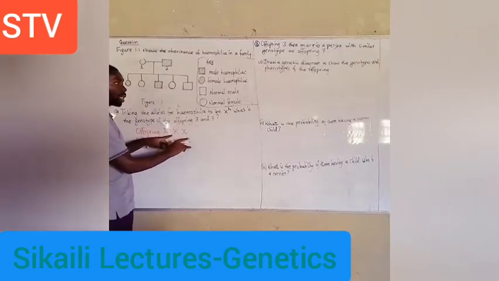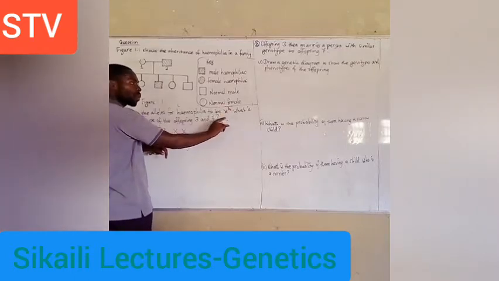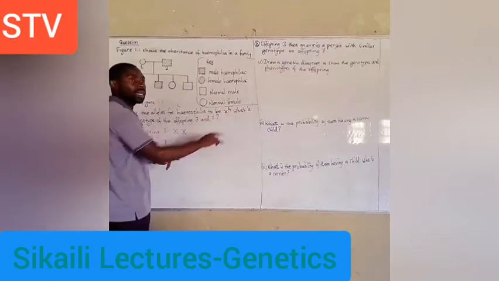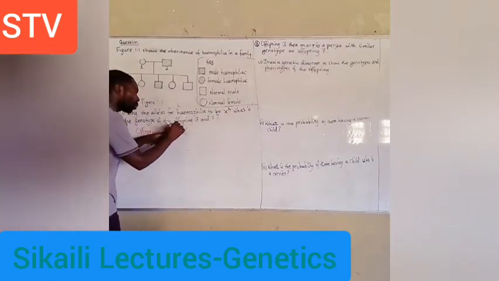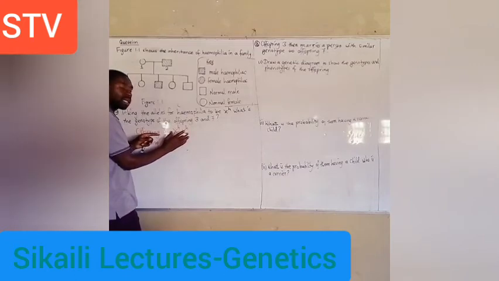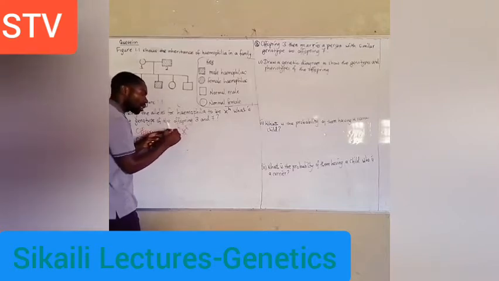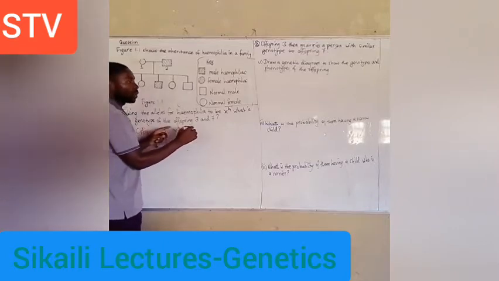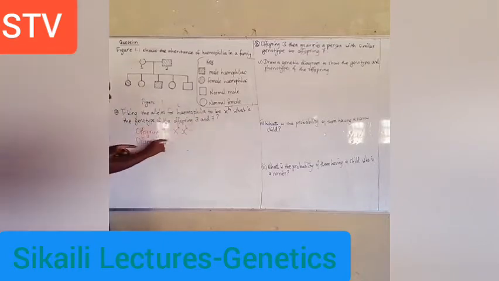They have told us that whoever has hemophilia should have the X with the recessive superscript. This is a person who inherits similar alleles from the parents, and if they are recessive, this is a homozygous female hemophilia. That is what it means.